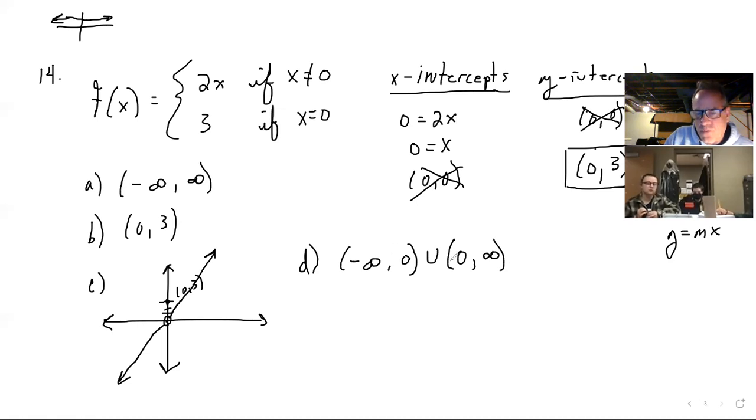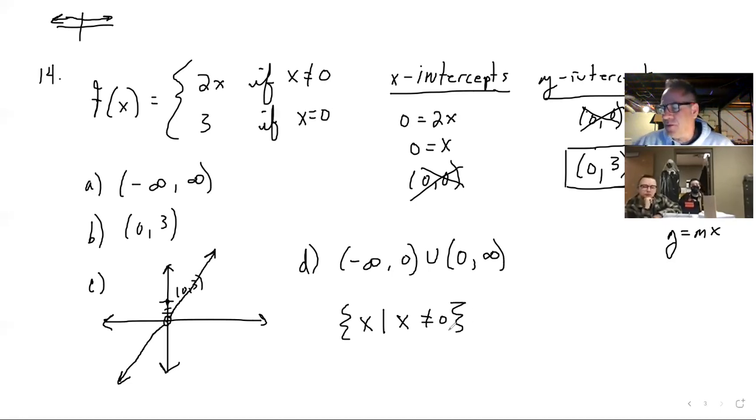This would be how you would describe all reals but 0 in interval notation. Set builder, it would actually be a little simpler, but it doesn't ask for that. I'm just showing it as an example: x such that x is any number except it doesn't equal 0. All right, but it looks like we'll need A.